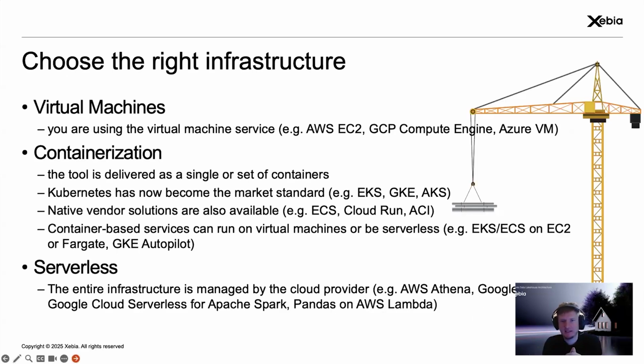The second decision we need to make is how we would like to implement or deploy our solution. The basic method, of course, is well known from on-premise environments, our good old friends, virtual machines.